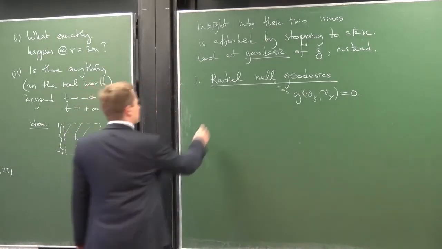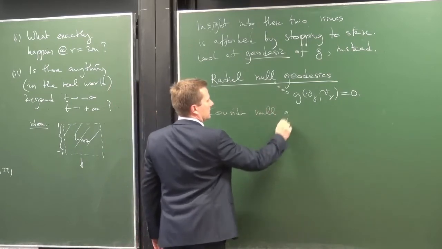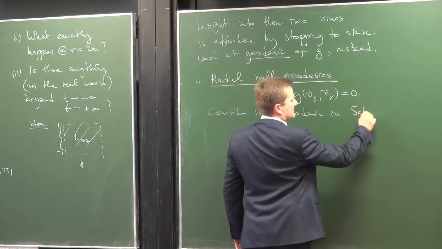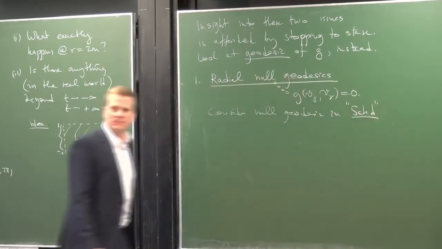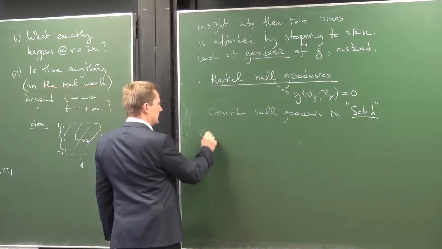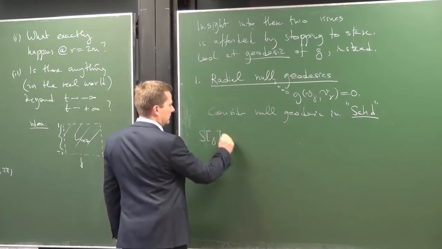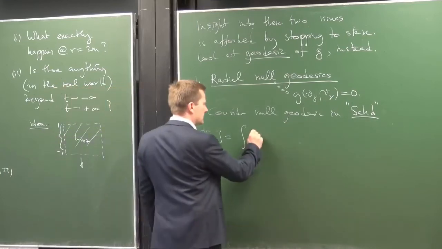So let's consider these in Schwarzschild. Consider null geodesics in Schwarzschild. Okay, let's consider null geodesics there. So what do you need to do? Well, you need to look at an action for this massless particle.